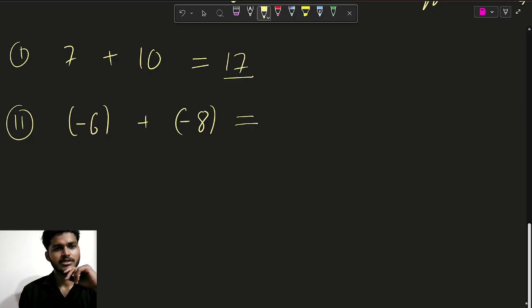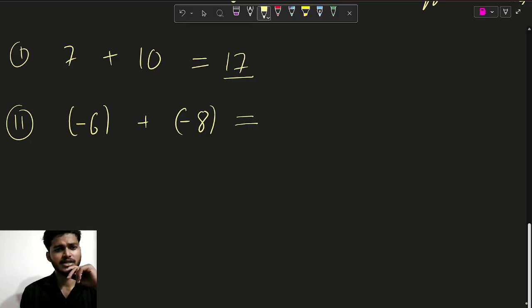You just added two numbers and wrote the answer. While adding the integers, we should be careful with the sign also, that which sign we are going to use. It's as simple as that: whenever you are adding two positive integers, the answer is always going to be positive.